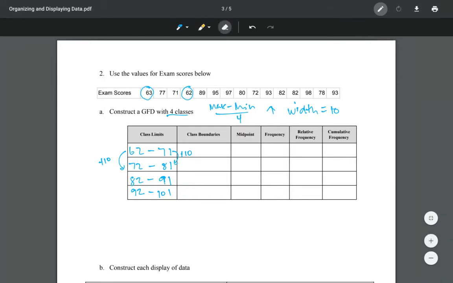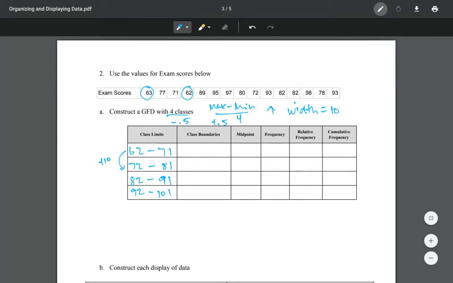Let me go ahead and erase these, and let's change those into class boundaries. To change them into class boundaries, I'm doing plus and minus 0.5. This is my continuity adjustment. It's going to bump each of my classes so that the edges of the classes touch. Those boundaries actually touch. Think of it like a boundary between countries or a boundary between states. Those actually touch.